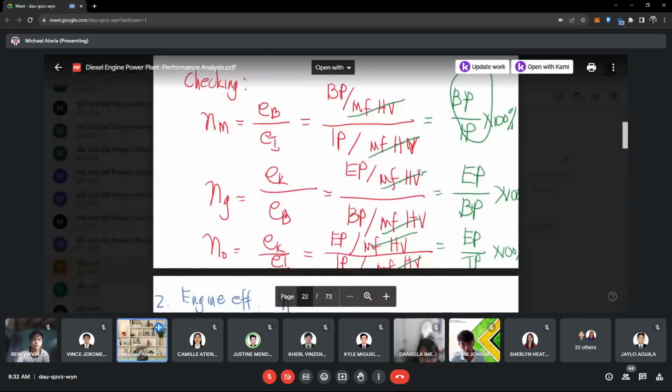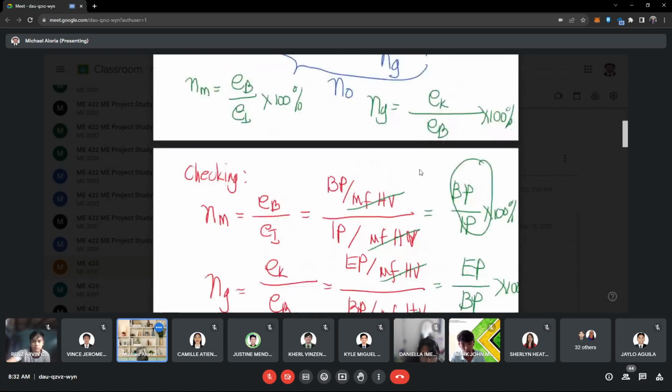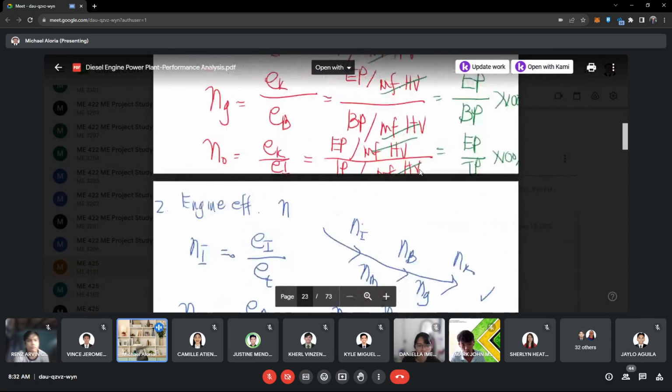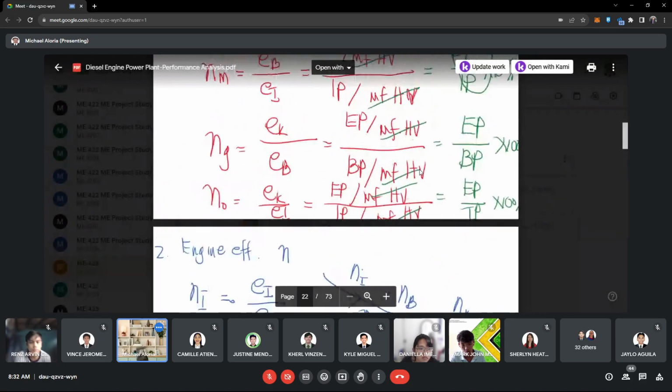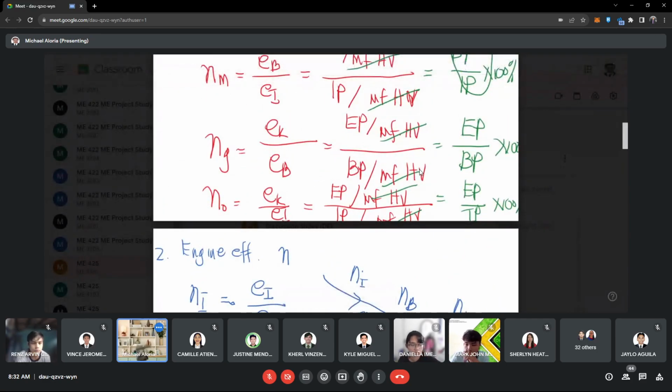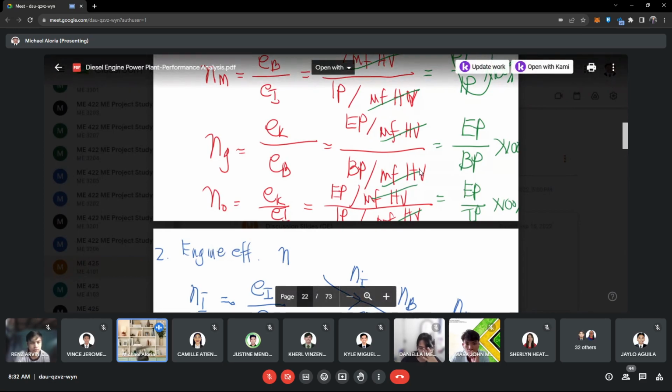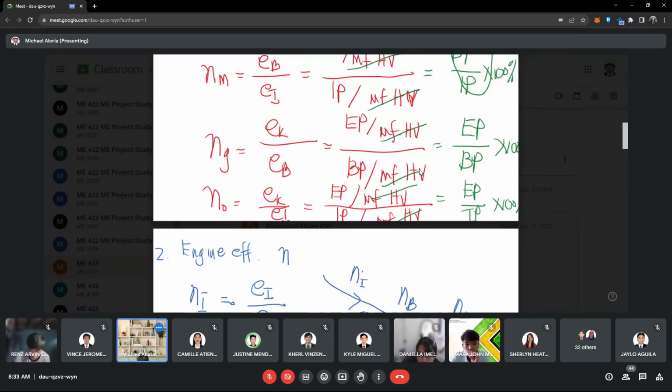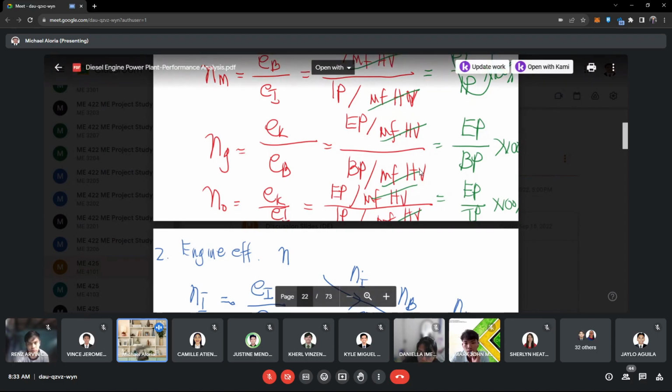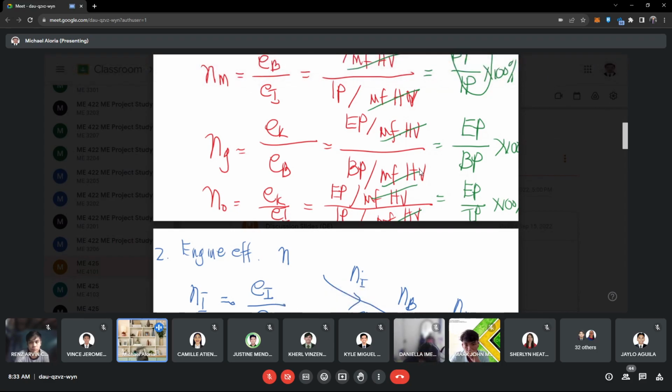The same goes for generator efficiency: output over input, EK over EB. If we substitute, your combined thermal efficiency is EP over the heat supply, and your EB is brake power over heat supply. They cancel out again and yield EP over BP times 100%. So this is still our equation, the same as the original relation, EP over BP. This is just a check.